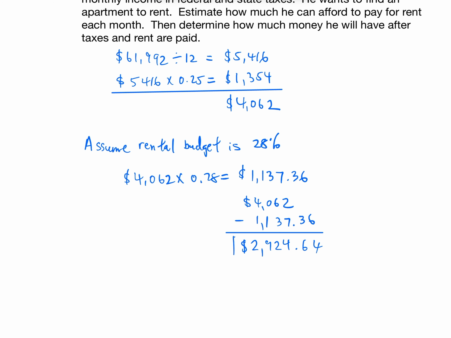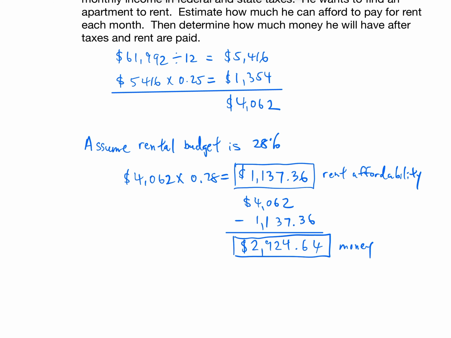That is what would be left over after taxes and rent are paid. And of course, this is our rent affordability, or rental budget, and the $2,924 is the money left over.